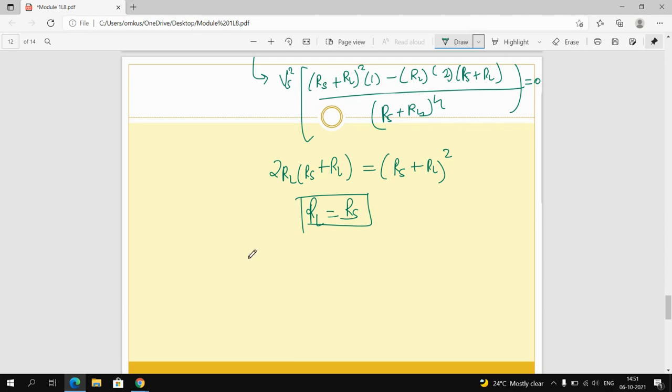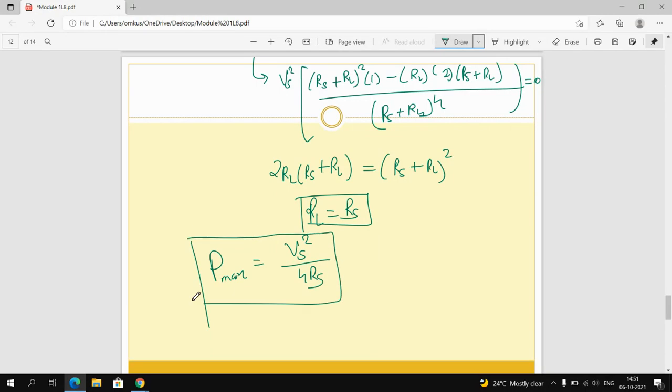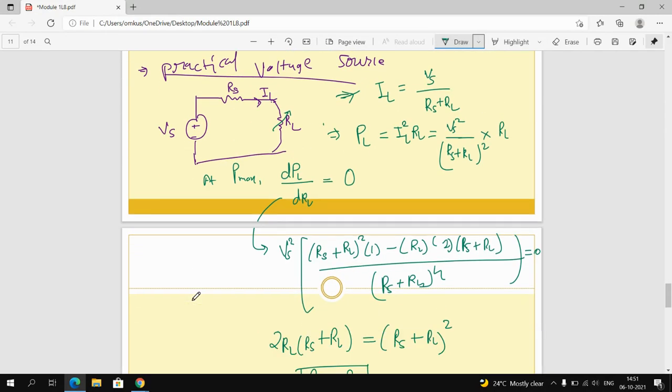And when you put this into Pmax, you will get Vs square divided by 4Rs. Now see how you get this. When these two terms are equal, so this is 2Rs or RL, and when you square that, 2 becomes 4, right?